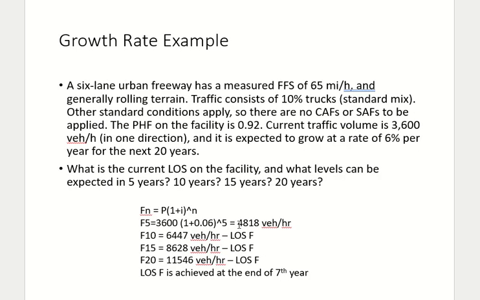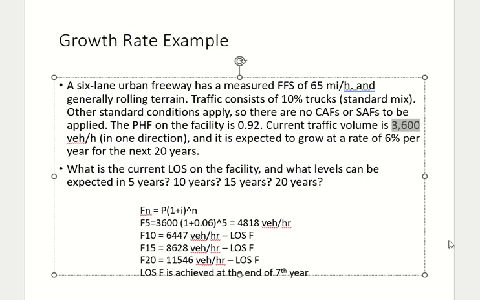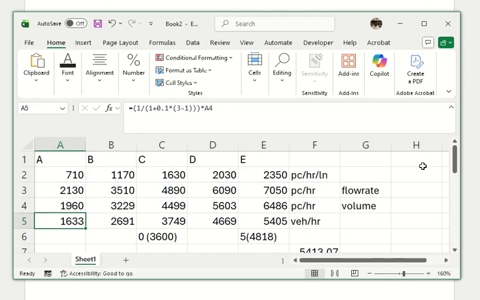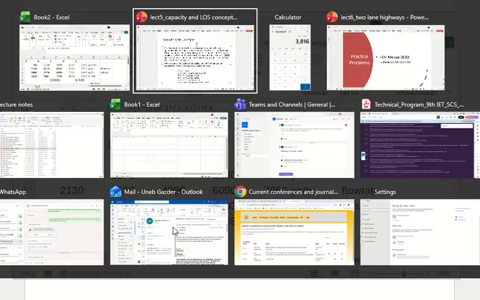At year 0, the current year, the volume is 3600. 3600 comes in this range. So B is already crossed and I can only have level of service C.